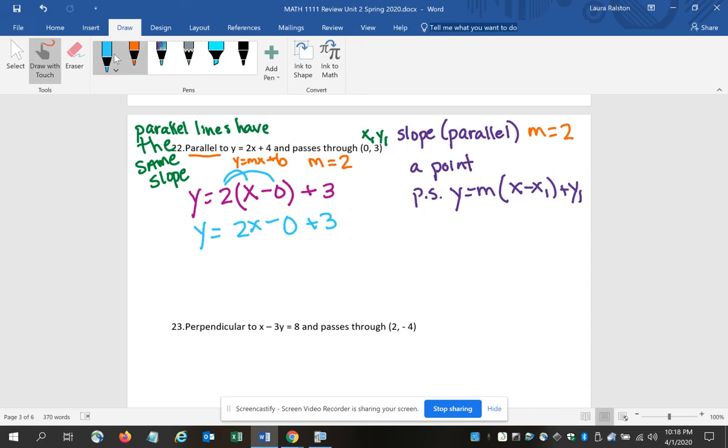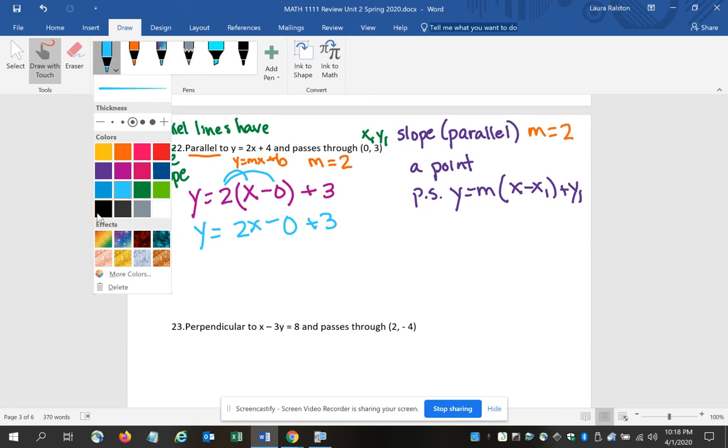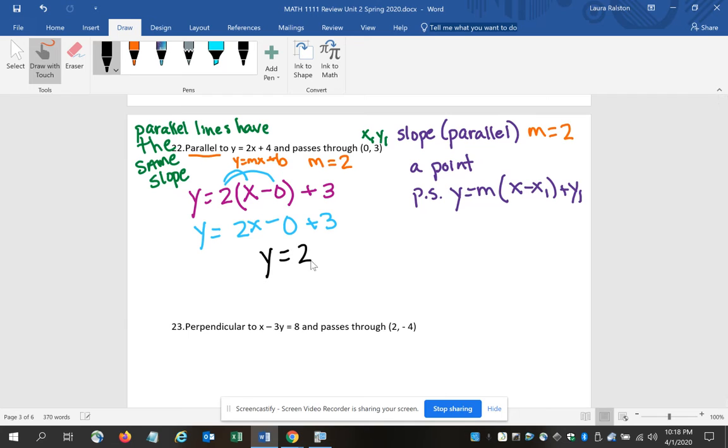Finally, combining those like terms, I have y equals 2x plus 3. Minus 0 plus 3 is still plus 3. So my answer would be y equals 2x plus 3. That's the equation of the line parallel to the given one in slope intercept form.